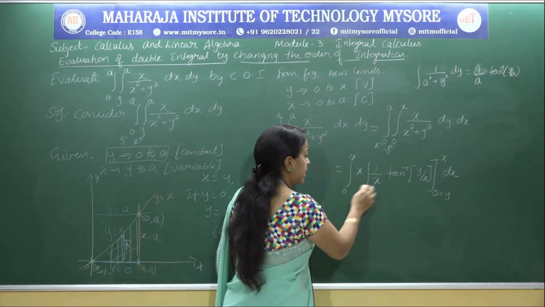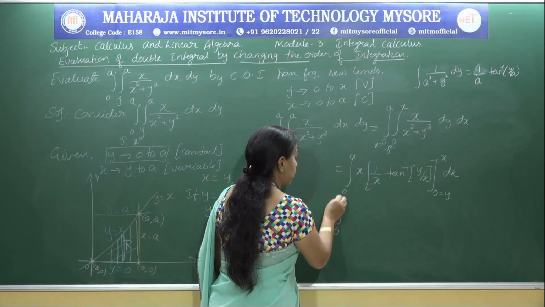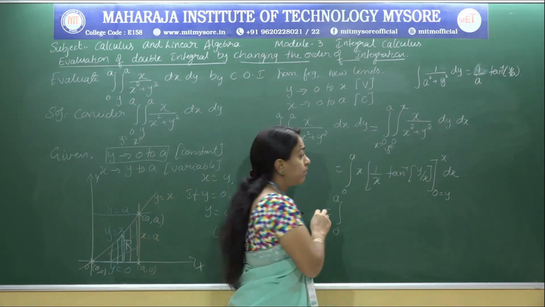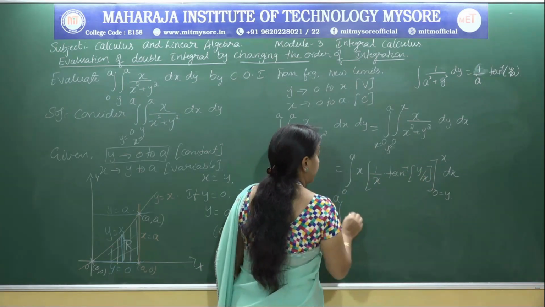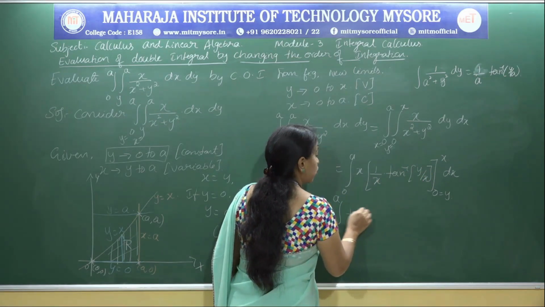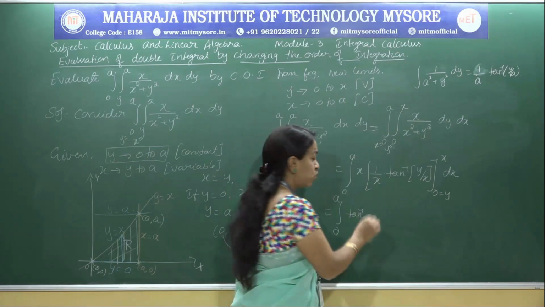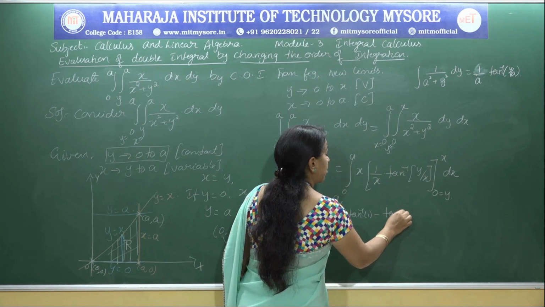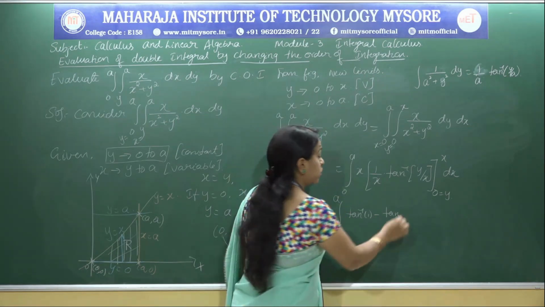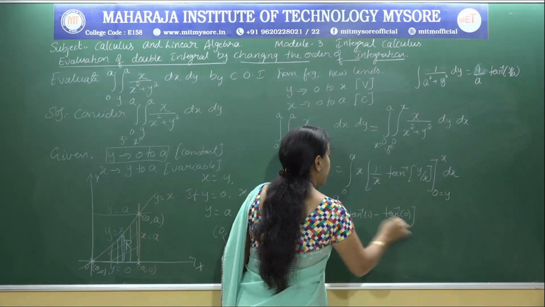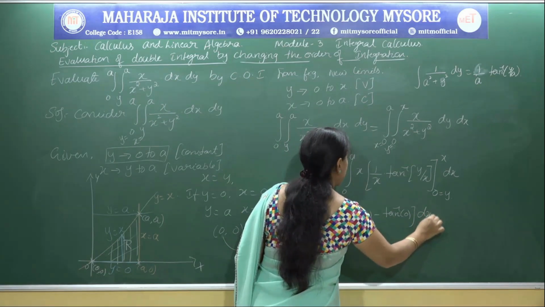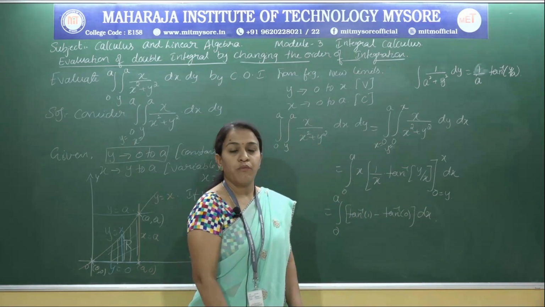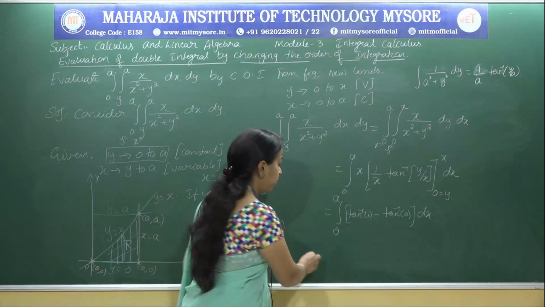If I cancel x here, I remain with 0 to a. Apply the limits: the upper limit in place of y, replace that by x, tan inverse of x by x reduces to tan inverse of 1, minus tan inverse of 0 by x, nothing but tan inverse of 0, into dx. We know that tan inverse of 1 is pi by 4.